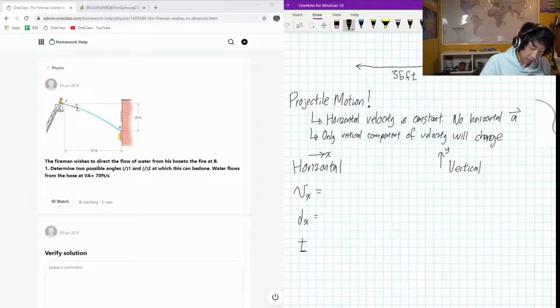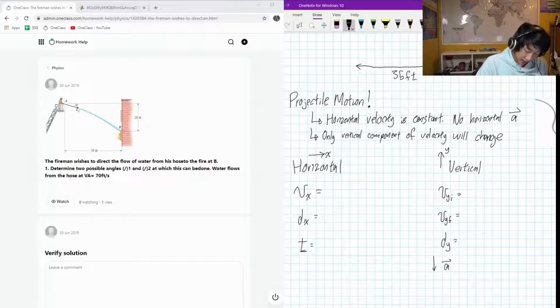And time will be the same for both of them. Our vertical velocity is going to be slightly different. We're going to have a Vyi for initial vertical velocity, because our velocity is going to be changing along the vertical axis. Vyf, our final velocity in the vertical, our vertical distance, our acceleration, which is going downwards, and our time, which will be the same for both of them. So time is going to be that bridge that helps us keep these two things in line with each other.